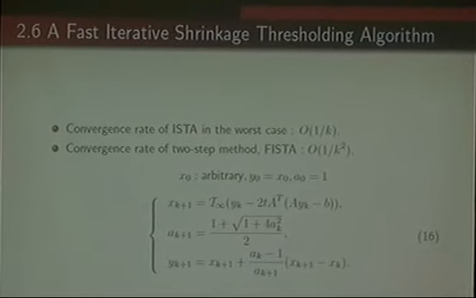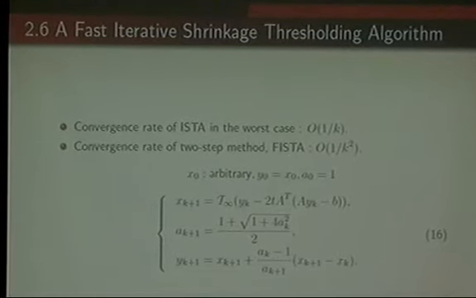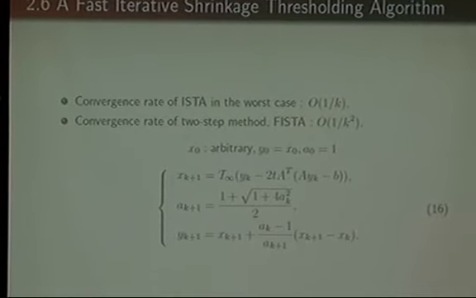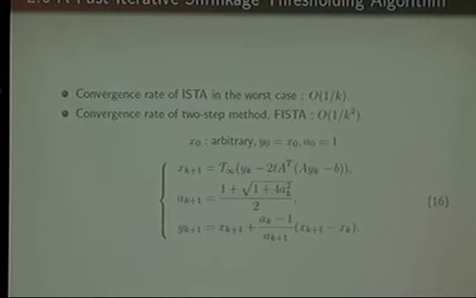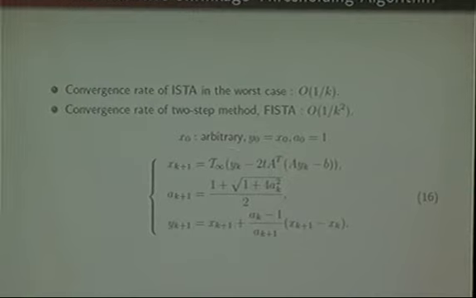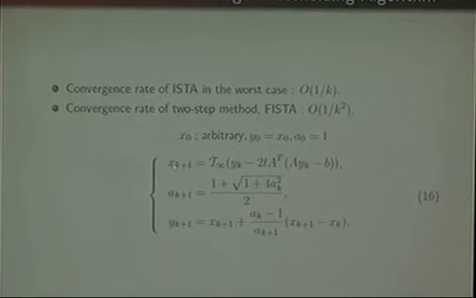And we have another faster algorithm called FISTA. FISTA is a fast iterative shrinkage-thresholding algorithm. It is a kind of SOR method. We have an arbitrary x0, we perform ISTA iterations and get some numbers, and we take a combination of xk and xk plus 1.